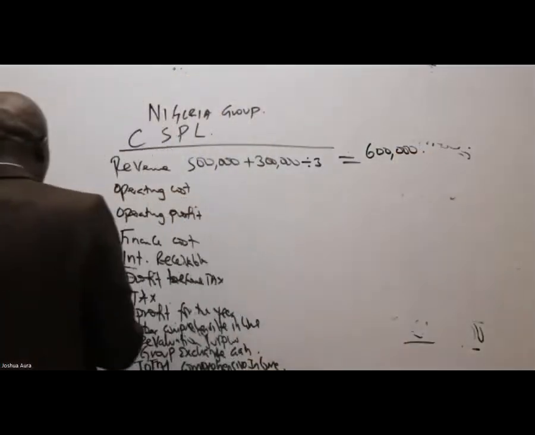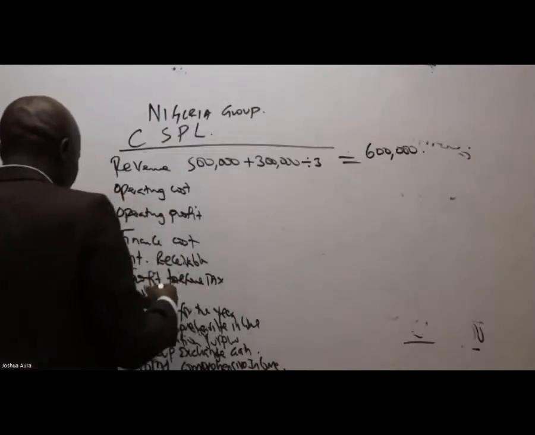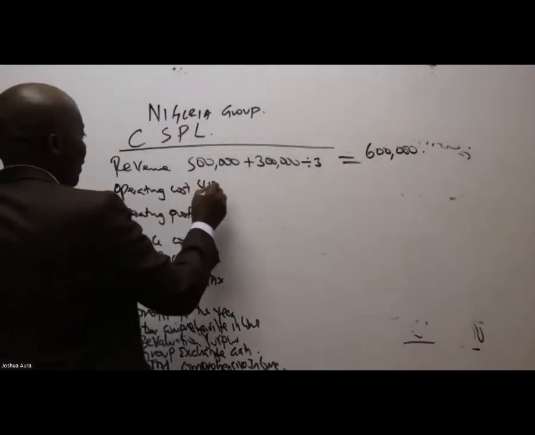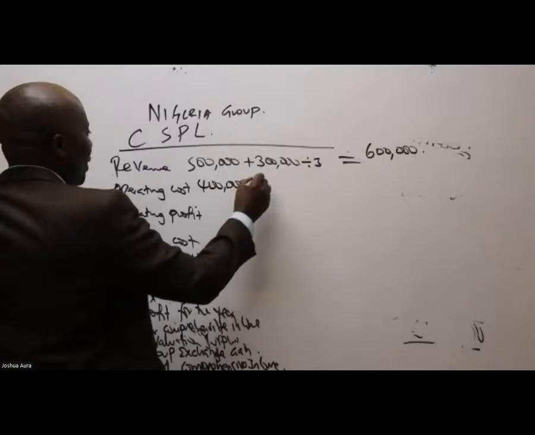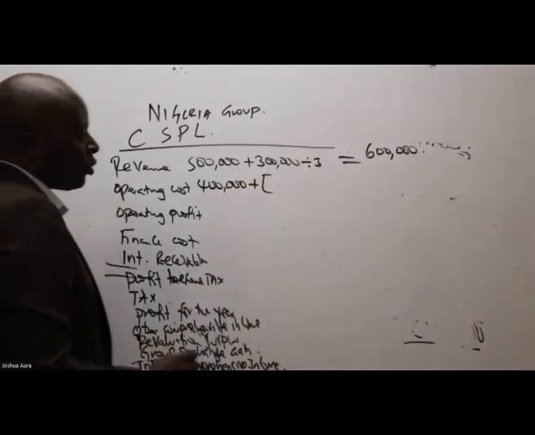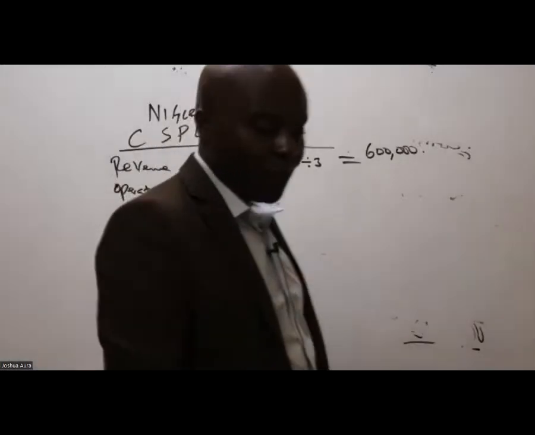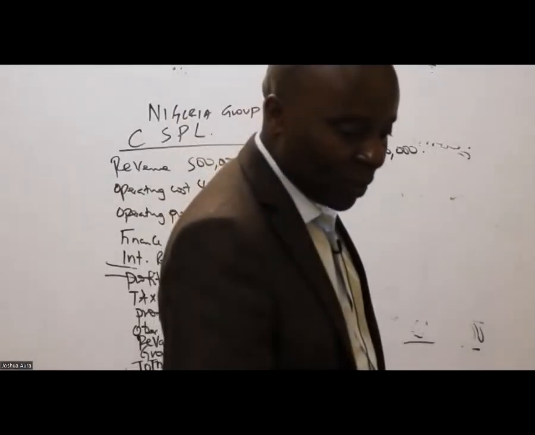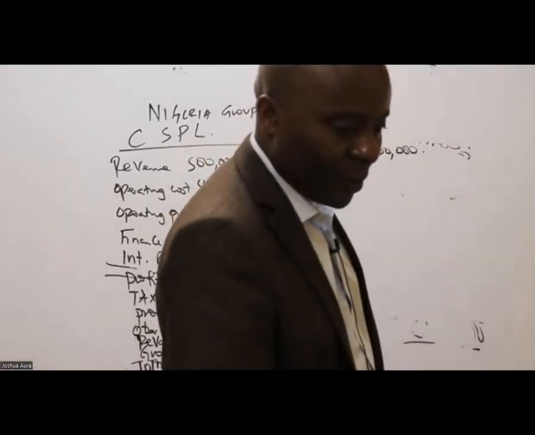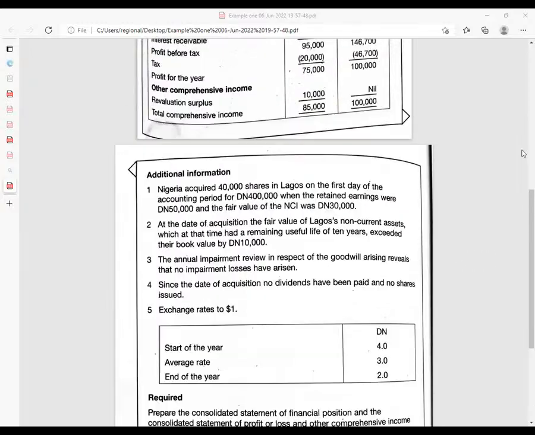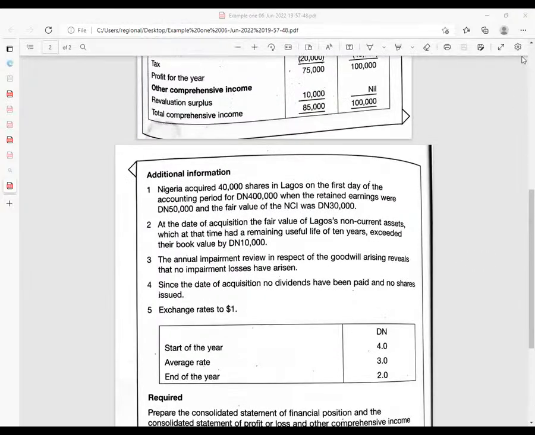So operating cost, what do I see there? Operating cost, I will take 400,000 plus the operating cost of the subsidiary. Wamekupatia hapa.